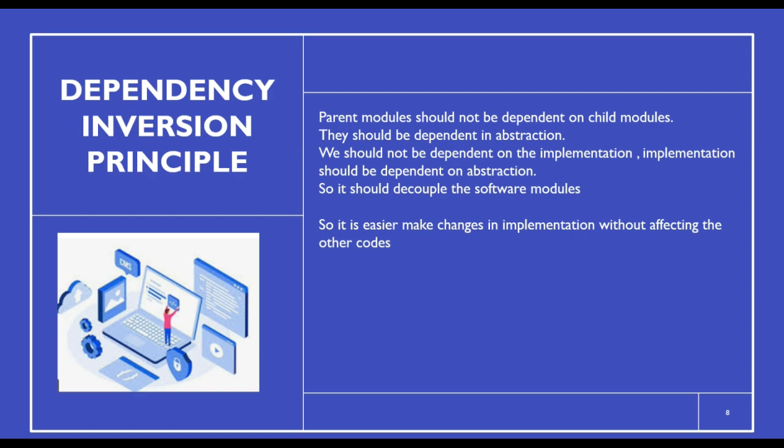It should be completely abstract. We should not be dependent on the implementation; the implementation should be dependent on the complete abstraction. So it should decouple the software from the modules, so it is quite easy to make changes in the implementation without affecting other code.